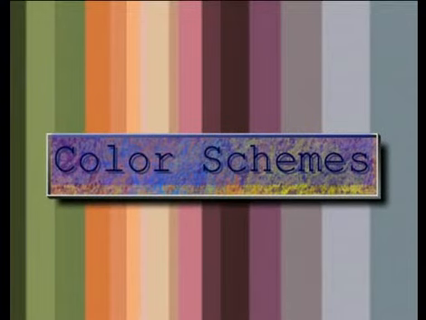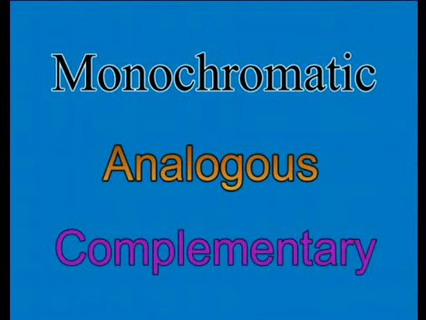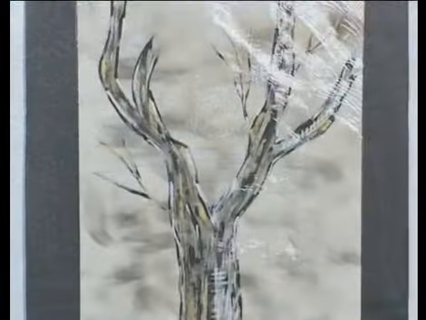Now we talk about color schemes. Color schemes help in achieving satisfying relationships of color in a work of art. The three most recognized color schemes are monochromatic, analogous, and complementary color schemes. Monochromatic color schemes are ones that employ various values and intensity of a single hue.